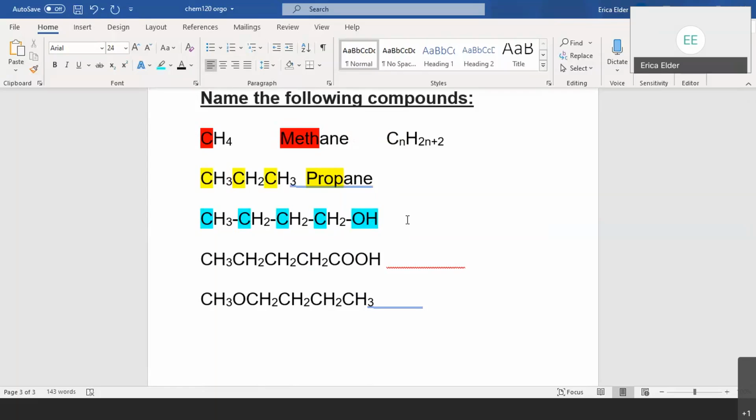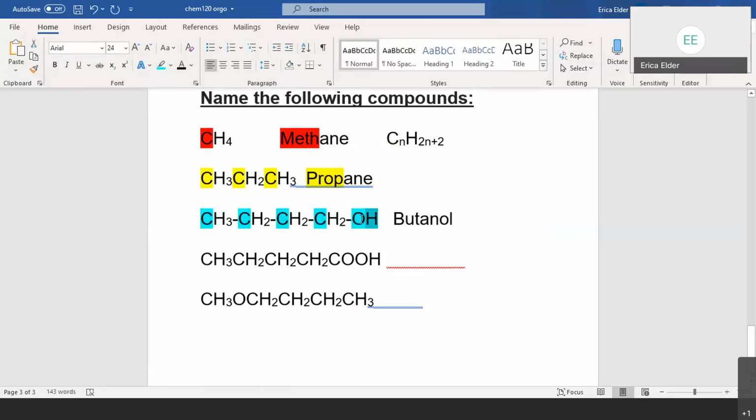So we know but, we know ane, because those are the type of bonds that we have, and then our suffix for alcohol, which comes directly from our chart, are the letters O and L. So here we would have butanol. Butanol.